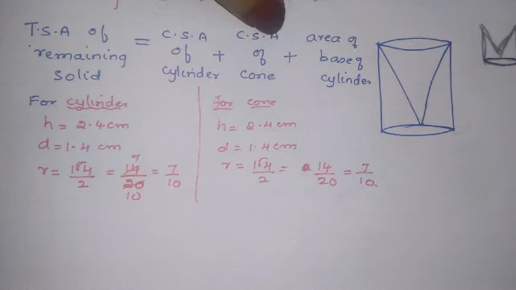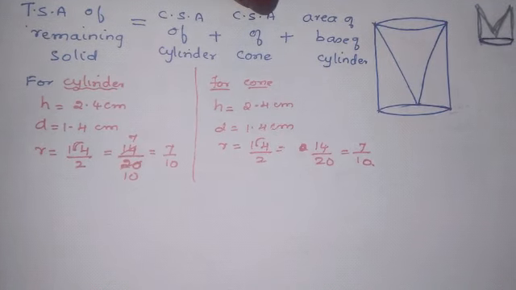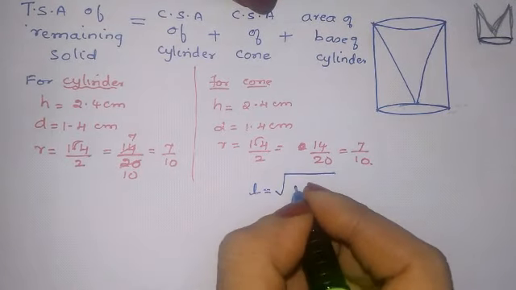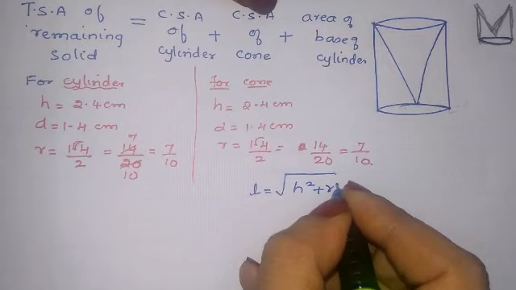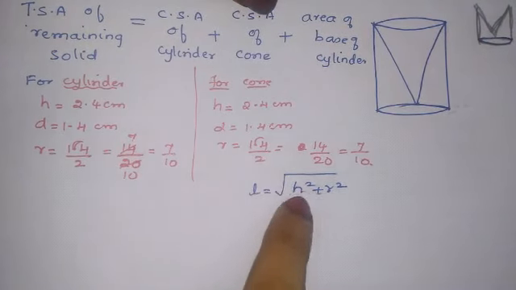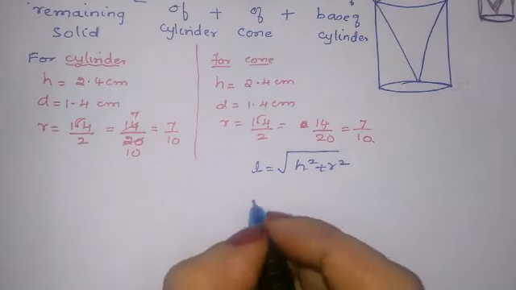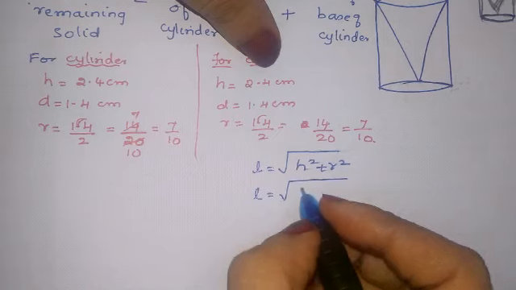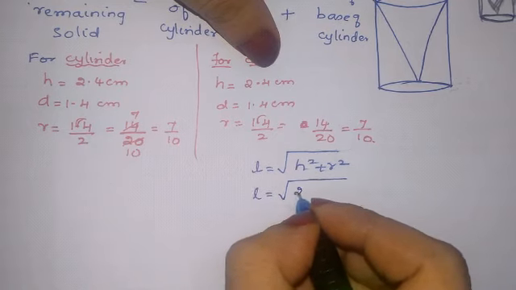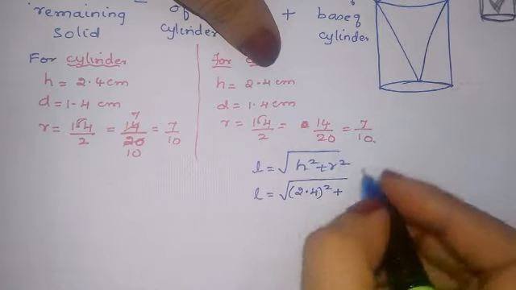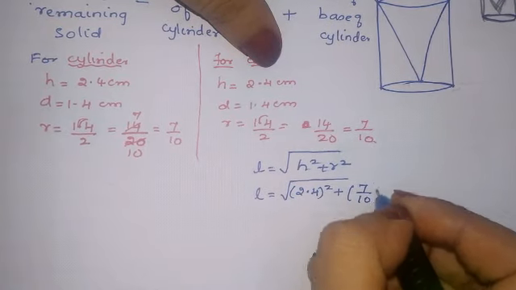In my introduction part, I have told you that to find the slant height we have one formula, right? L is equal to root of h square plus r square. L is equal to root of 2.4 square plus r, which is 7 by 10, whole square.